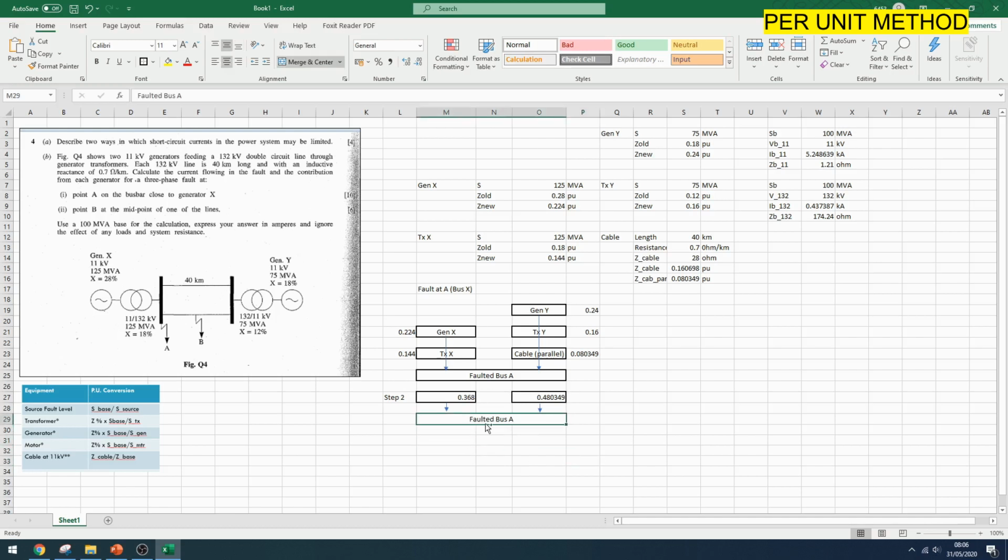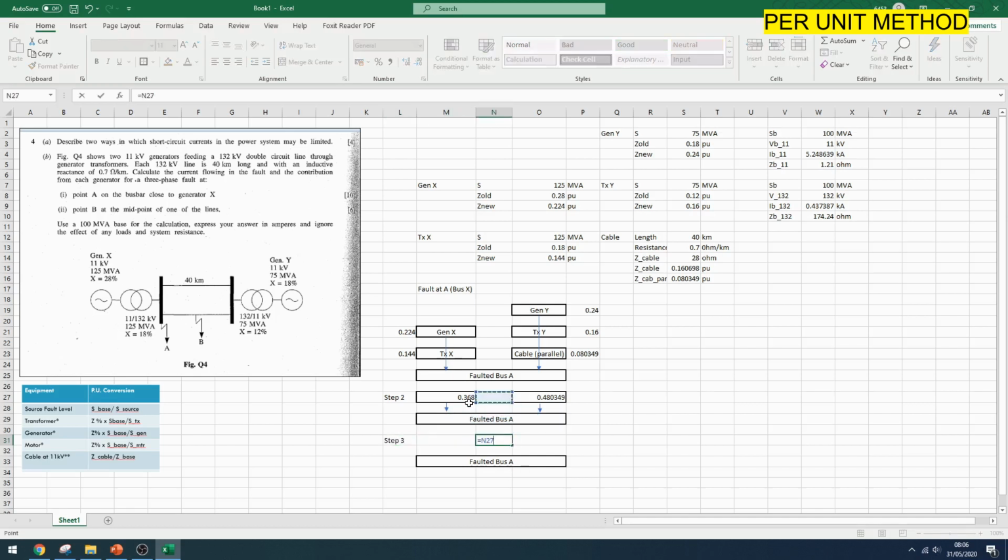Finally, step 3: this one would just be the parallel of two resistors, this one times this one divided by this one plus this one. This is the impedance at point A per unit.